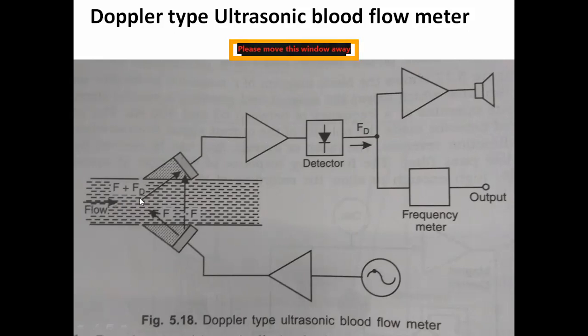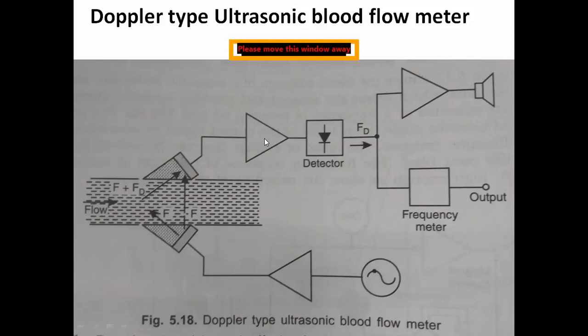If the flow velocity is very high, the deflected scattered pulse frequency changes. So depending upon the velocity of the blood flow, the Doppler component changes. The change of the Doppler component gives the information of the blood velocity.